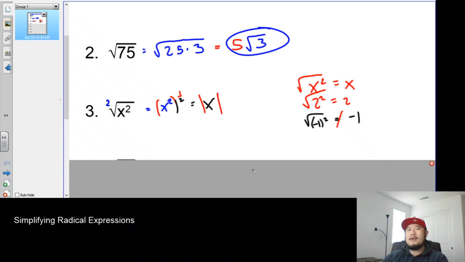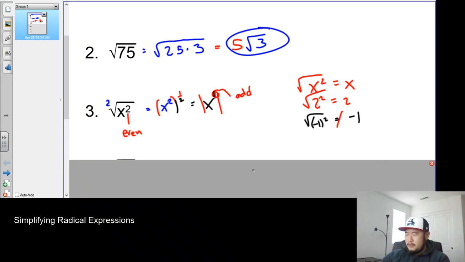That's the only time you're going to have to do this. So once again, if my exponent right here is even, but in my answer my exponent is odd, and that would be 1 if it's just x, that's the only time you're going to have to do this. You don't have to do it all the time.